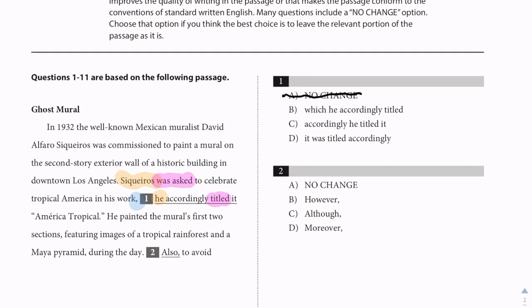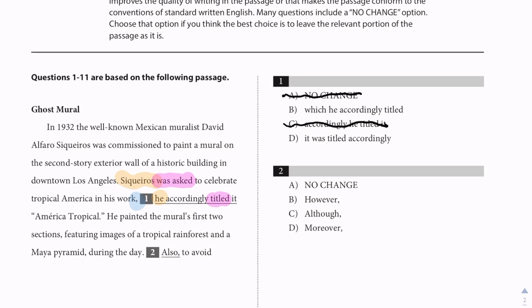Now let's look at answer choice C. Accordingly, he titled it. It's very similar to option A, except accordingly comes first. Now that doesn't actually change the subject or the verb, so we can eliminate that because it's basically the same answer as A, which we said was wrong.